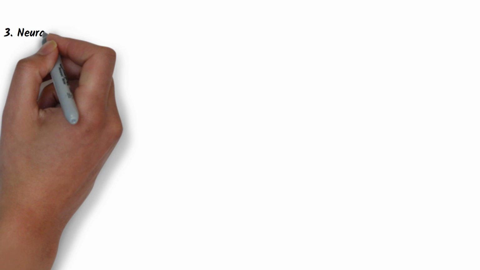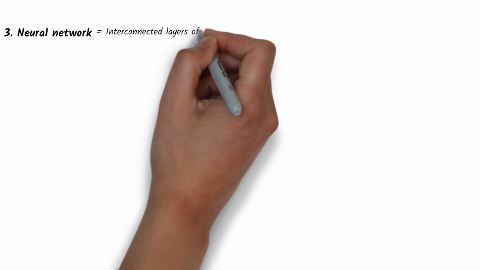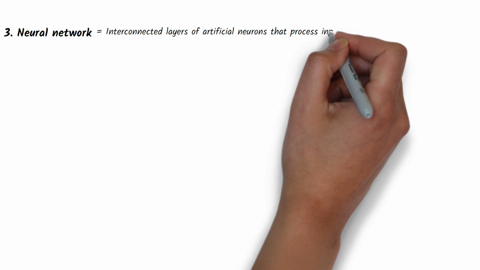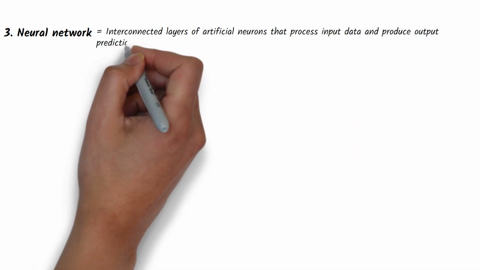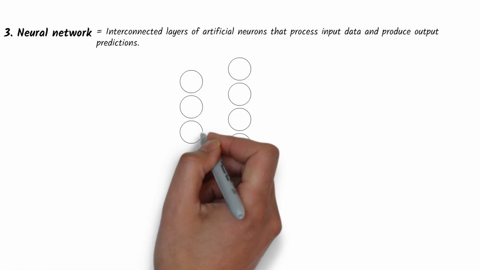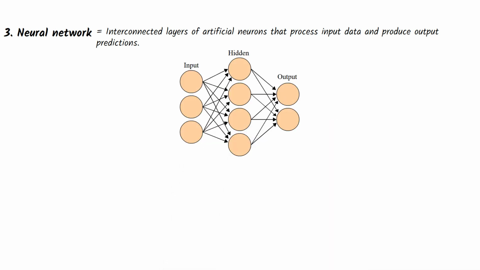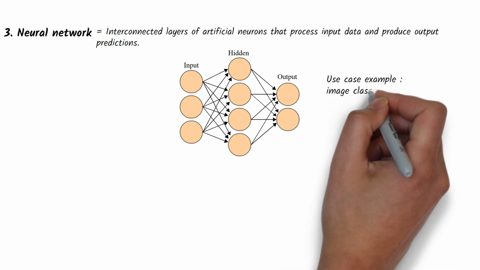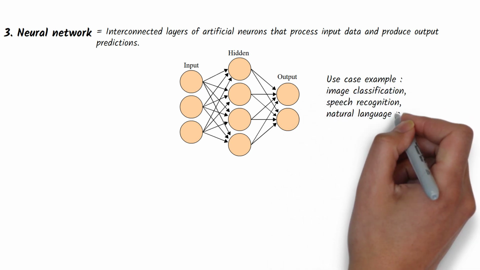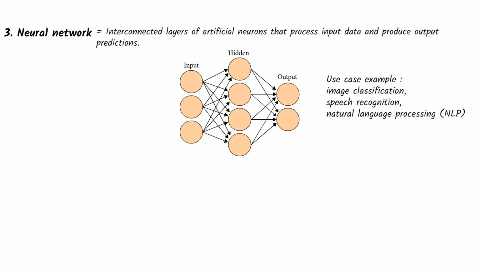Next is neural network. A neural network model is inspired by the structure of the human brain with interconnected layers of artificial neurons that process the input data and produce output predictions. Neural networks can be used for a variety of tasks such as image classification, speech recognition, and natural language processing.